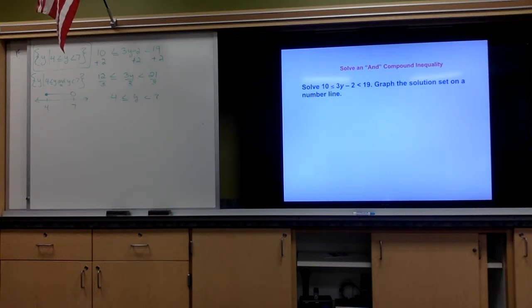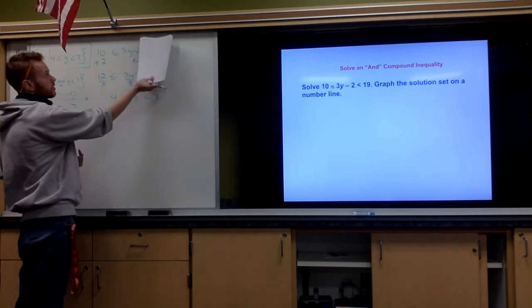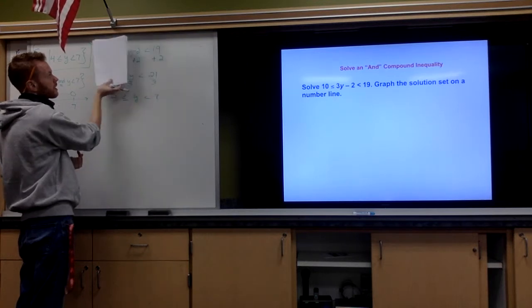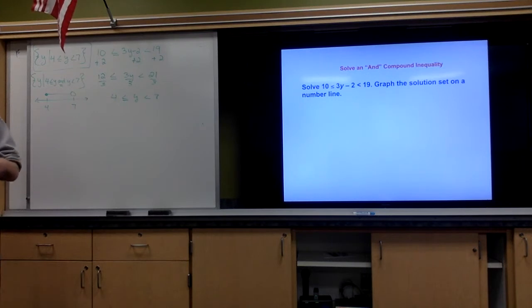So there's an "and" compound inequality problem solved. If you want, though I think it's more work personally, you could break them apart, solve this one individually first, and solve this guy individually, and then combine the answers. If that works for you, feel free to.